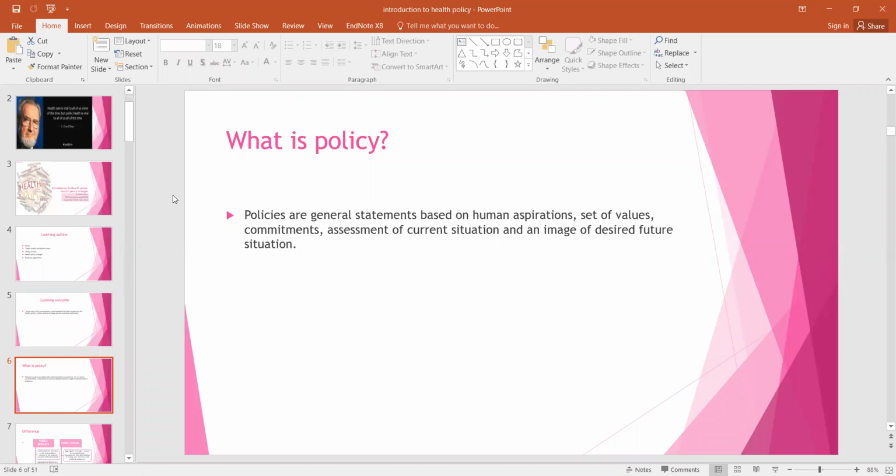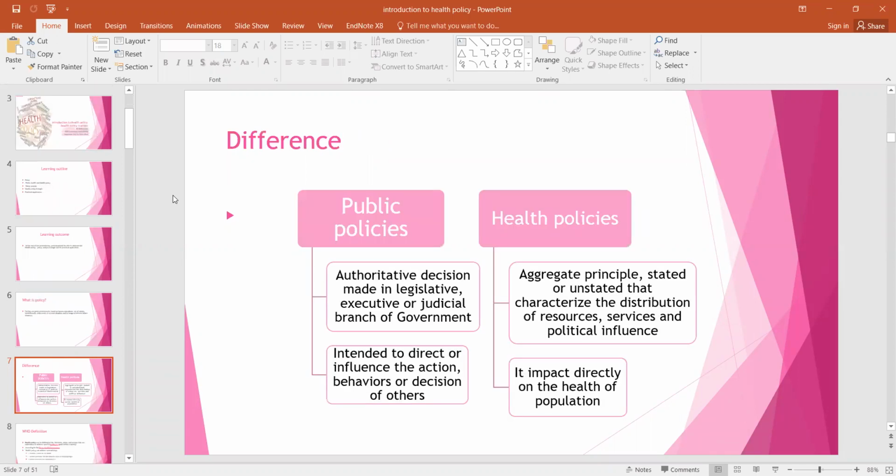What is policy? Policies are general statements based on human aspiration, set of values, commitments, assessment of current situation, and an image of desired future situation. Now come the difference between two terminologies, public policies and health policies.